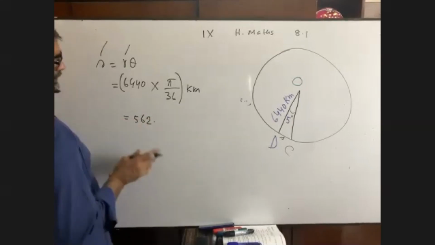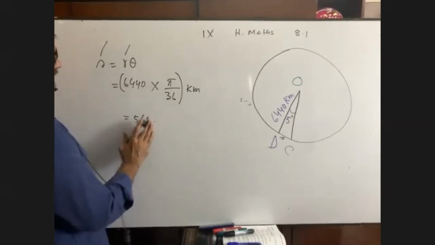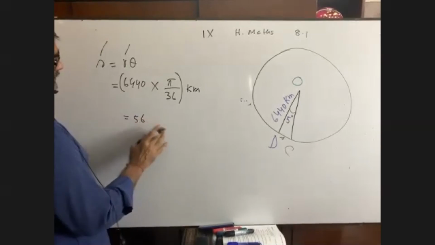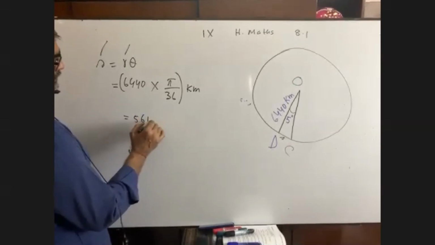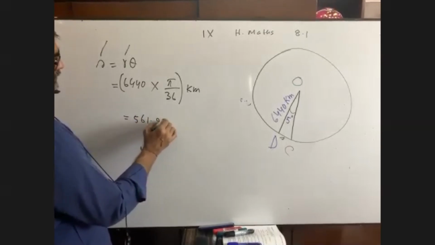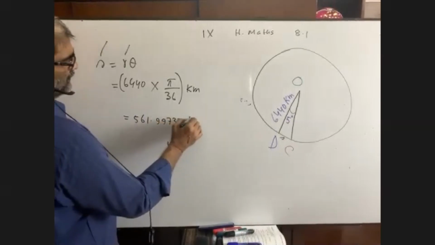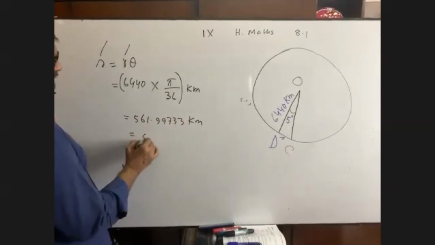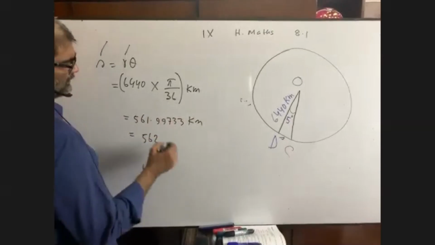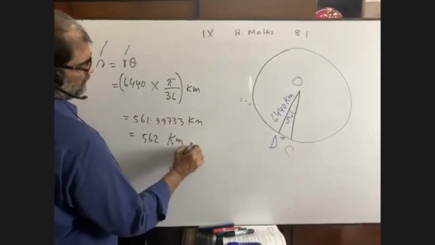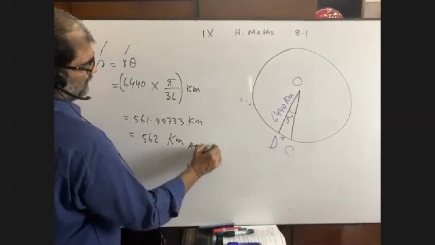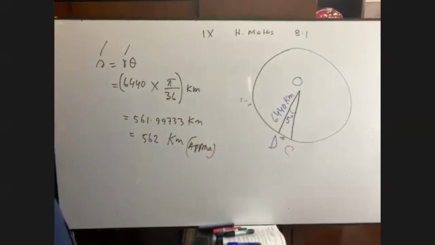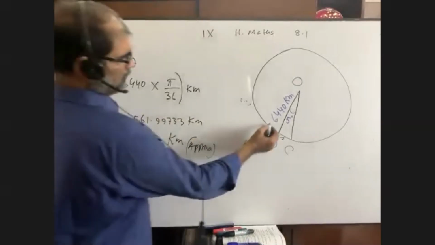In the book the decimal is given. 561.99733. So we can write 562 kilometer approximately. This is not wrong information.